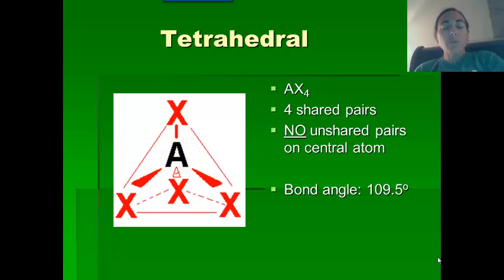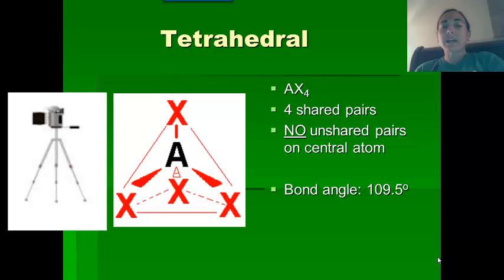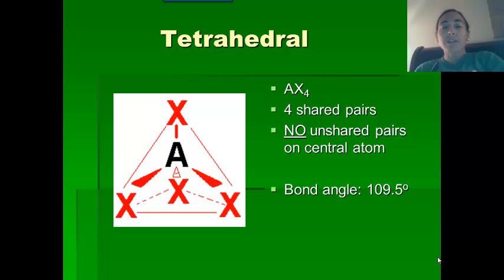If you look at the way this one is set up, the 2 red triangles represent single bonds coming out of the screen, the white triangle represents a bond going into the screen away from you, and then the top X has a single bond that is in the plane of the screen. In three-dimensional shape, this looks like a tripod with a camera standing on top of it. But remember that tetra means 4, so this is a molecule with a center and 4 shared pairs.